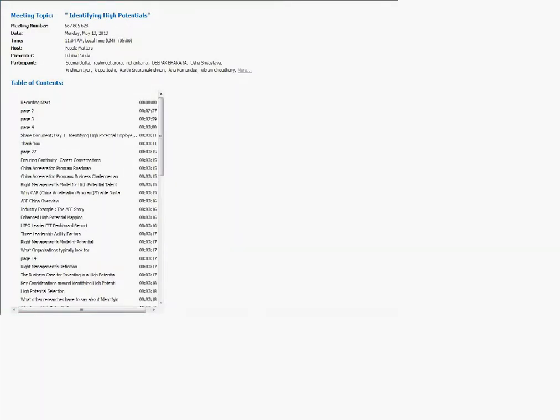Based on the information they gathered through the selection process and the interviews, and what they know about those new joiners, they also tried to make an objective evaluation as to whether this is somebody who could fit into that high potential pool. So some of the new joiners were included in the program as well.